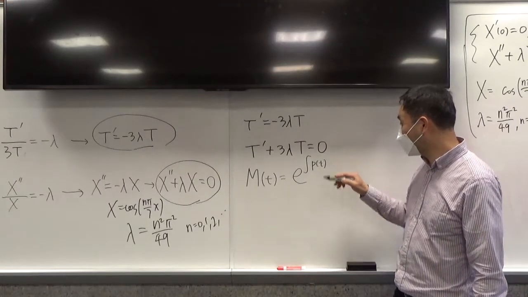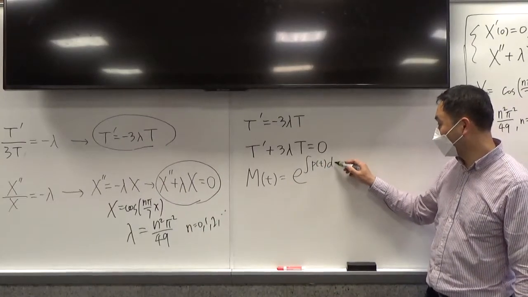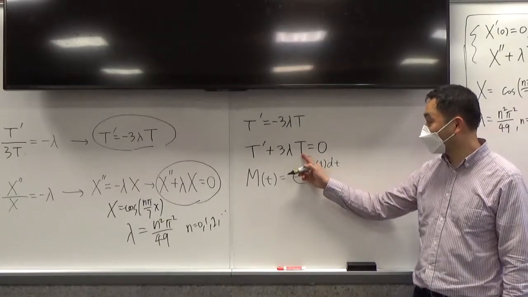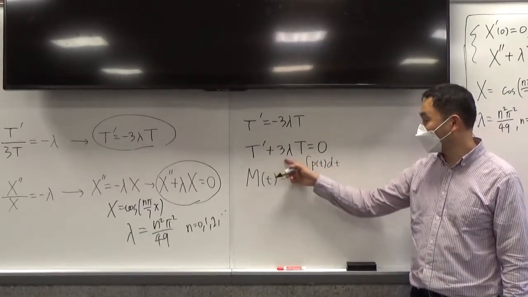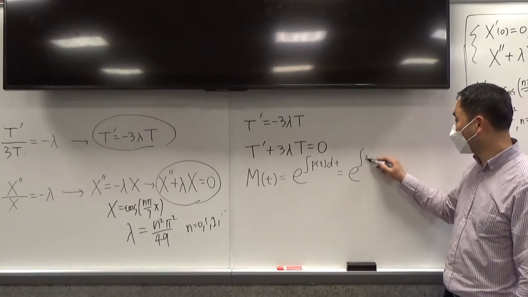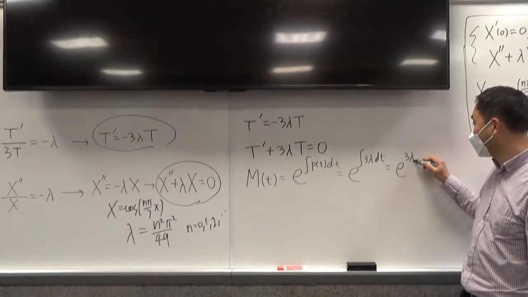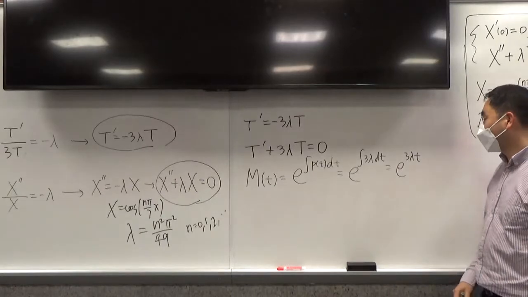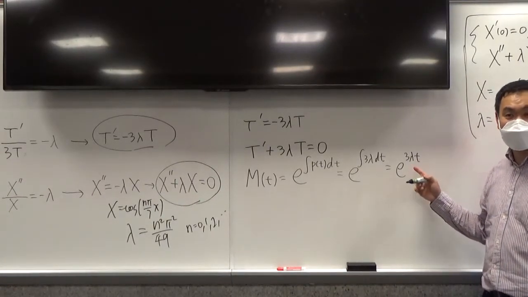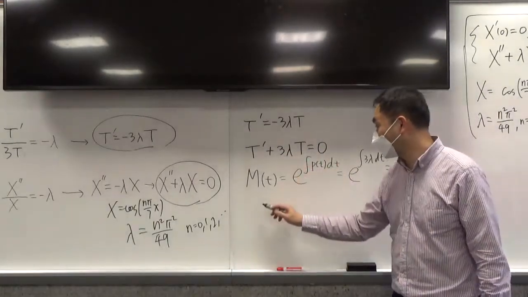Now the independent variable is t, so a lot of times we said p(x) dx, but here we're going to integrate by t. And p(t) is whatever is in front of the dependent function, so p(t) will be a constant, 3 lambda. So we have e to the integral of 3 lambda dt, which gives you e to the 3 lambda t. Okay, and then what do you do with the multiplier? Multiply it. Yeah, it's called a multiplier because you multiply. So you multiply.